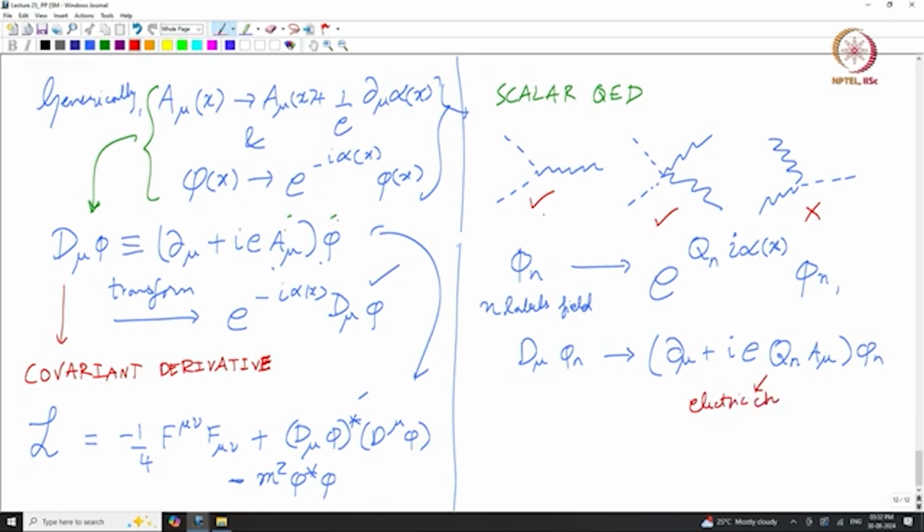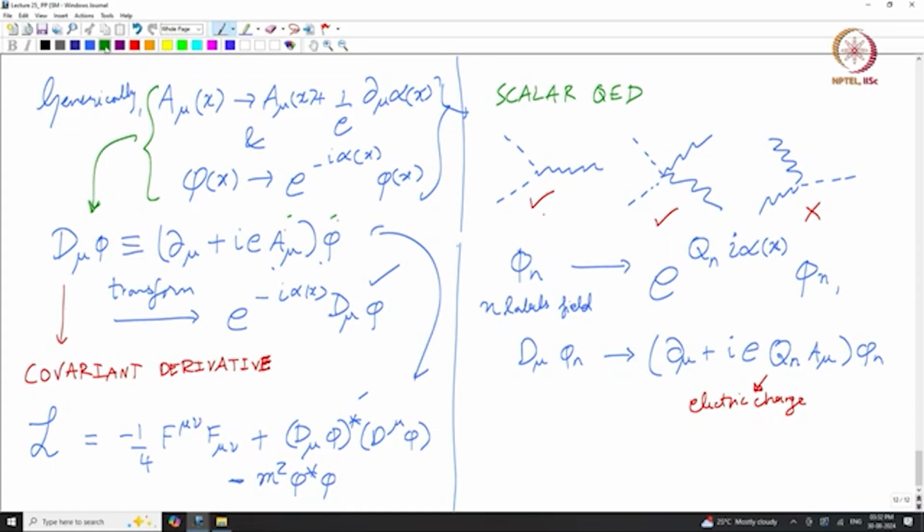So never get confused with electric charge and this e. This e is just the coupling constant. The reason it is given the label e is that it reminds us of the electron and all that, but then it's not part of the charge. The charge is just the Q n. Okay, good. This is where we get the notion of charge in QED.